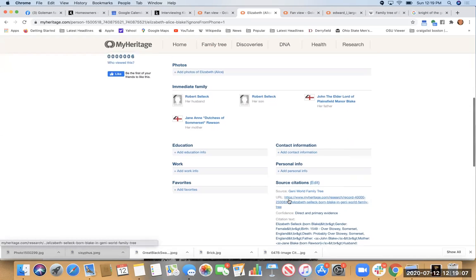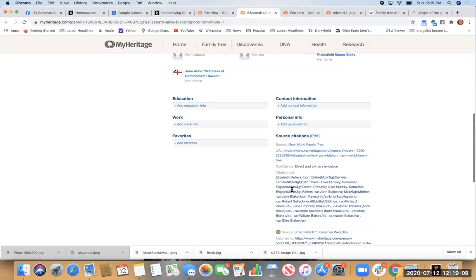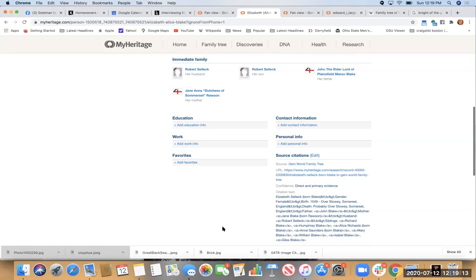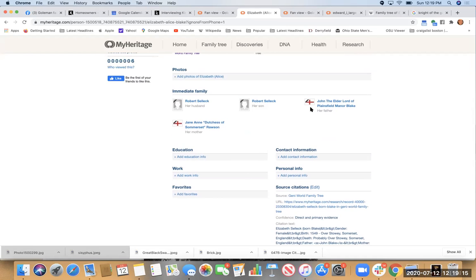I noticed that this is the first person where I started to see that her father here is John the Elder, Lord of Plainfield Manor. He has a title. And her mother is the Duchess of Somerset, Rawson.